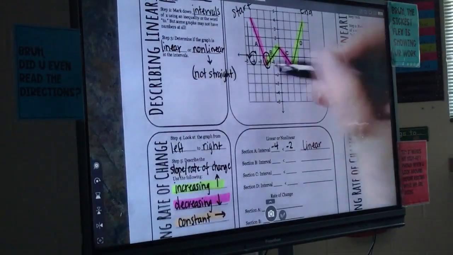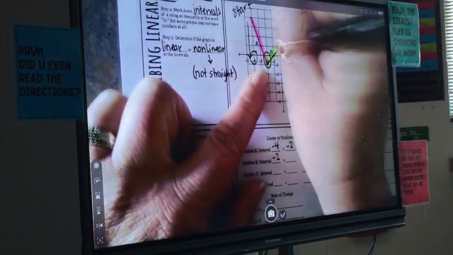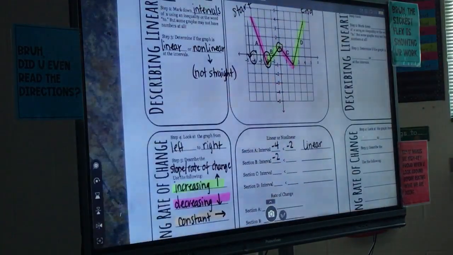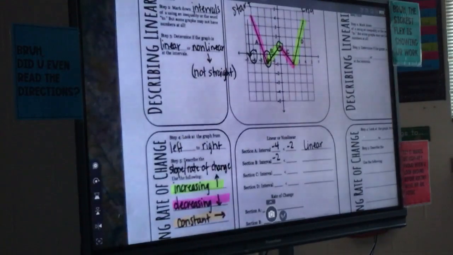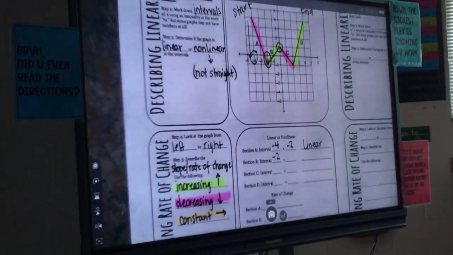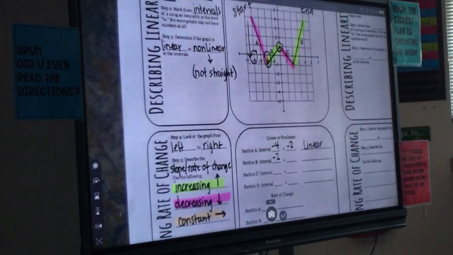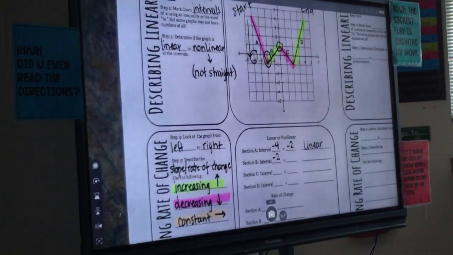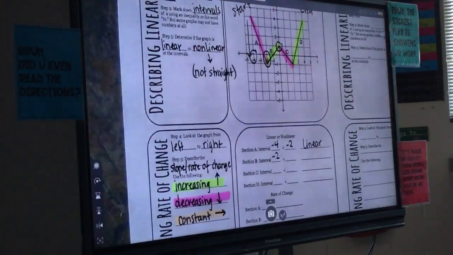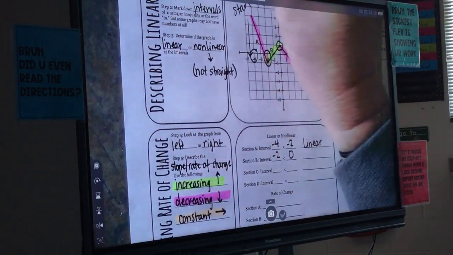Now, section B. We know that it starts at -2 because that's where it ended. And then, where does it end? Now be careful with this. Where does it end? Not on 1. We're looking at just the Y's. So where does it end? 0. Because remember, this is your Y, this is a Y, this is a Y, and so forth.